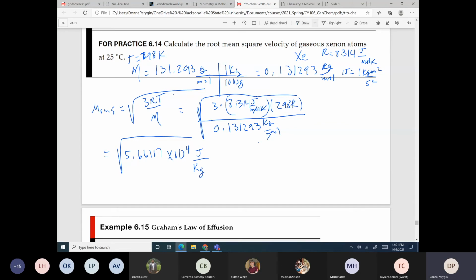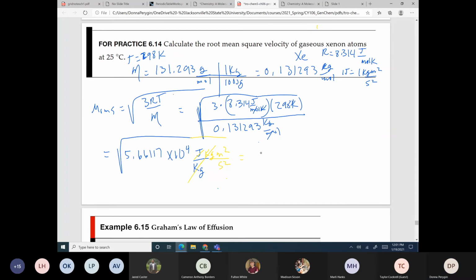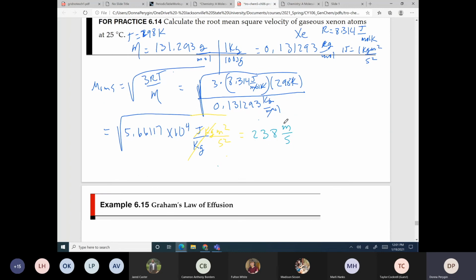So I'm going to change colors here and say a joule is now kilogram meter squared per second squared. Okay, so kilograms cancel and we're left with meters squared per second squared. So when we take the square root of that, that's going to give us 238 meters per second. Okay, so our root mean square velocity is 238 meters per second.